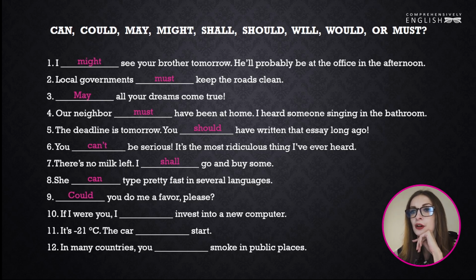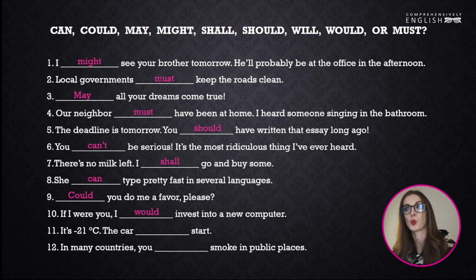Okay, number 10. If I were you, I invest into a new computer. If I were you, I would invest into a new computer. This is a conditional sentence of a second type. Yeah, it's an unreal situation in present. I'm not you, but if I were you, I would invest into it. Number 11, it's minus 21.